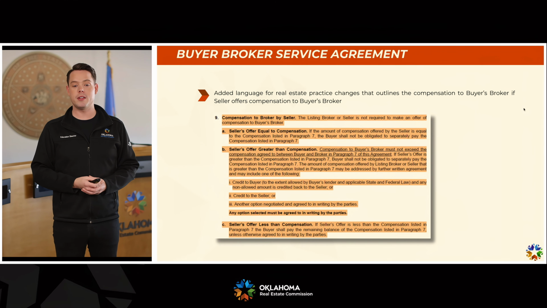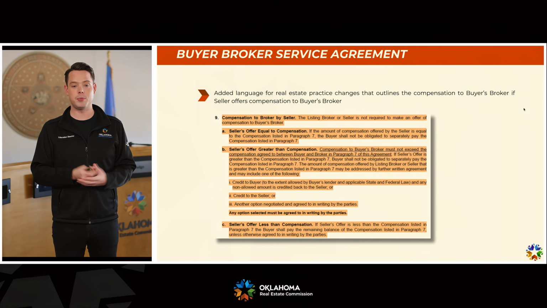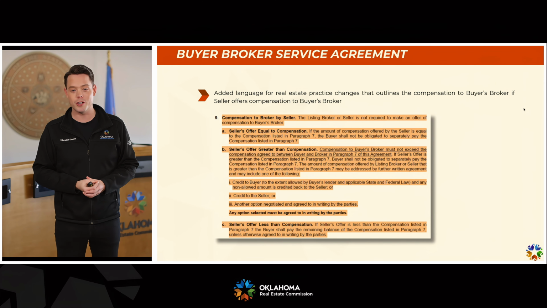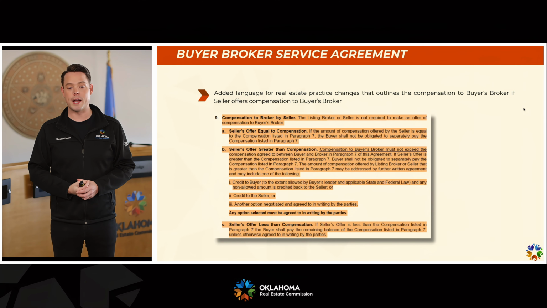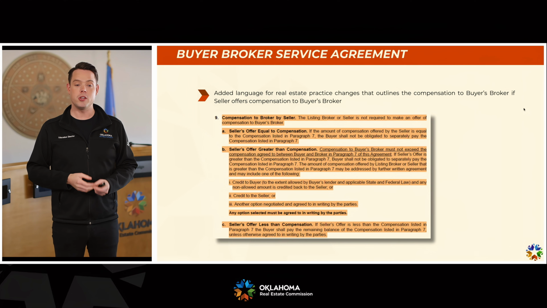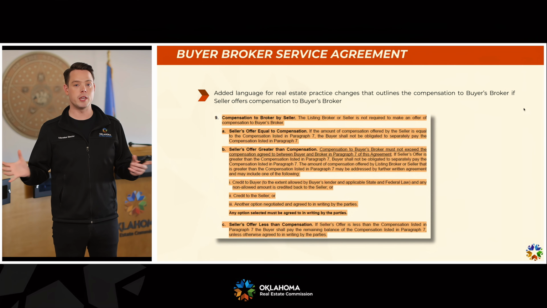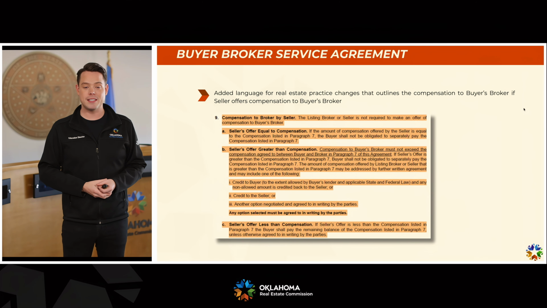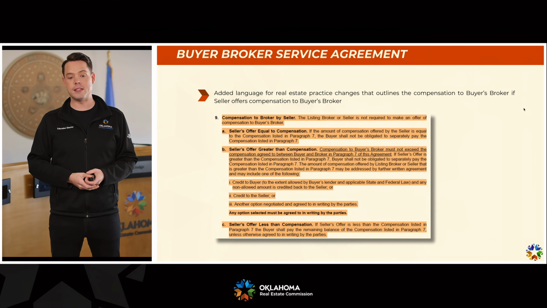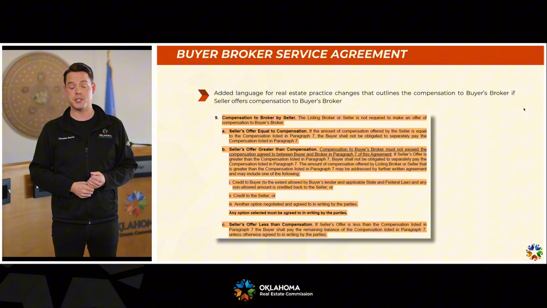So any option that is selected, again, this is in bold, so if it's in bold, it's extremely important. These things have to be agreed to in writing by the parties. So if you find yourself in this scenario, you want to make sure that you get everything in writing and signed. 9C goes over in the event a seller's offer is less than the compensation that you have listed in paragraph 7.